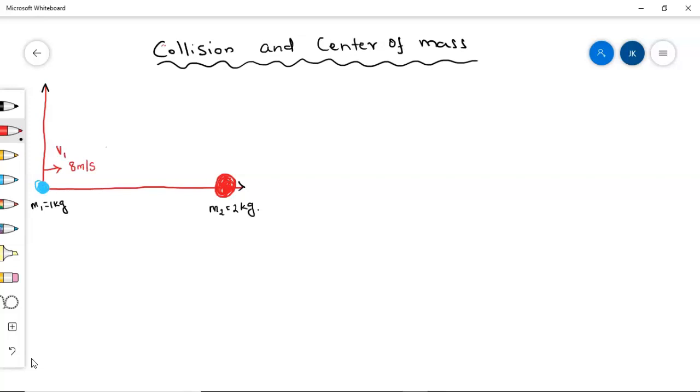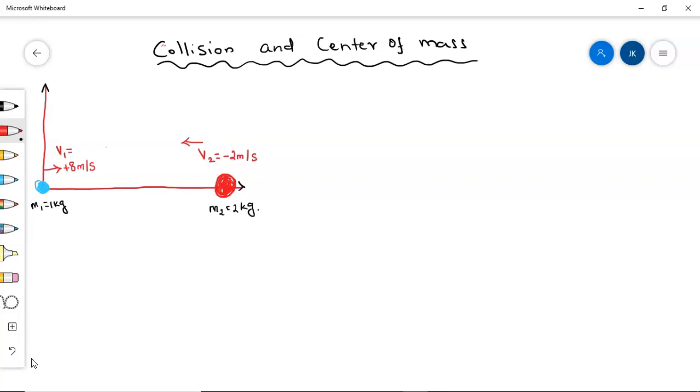This is V1, the velocity of mass 1. And V2, the velocity of mass 2, is minus 2 meters per second because it is moving to the left. So the positive and negative denote the direction.